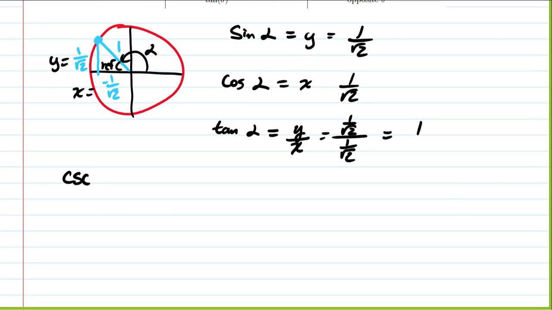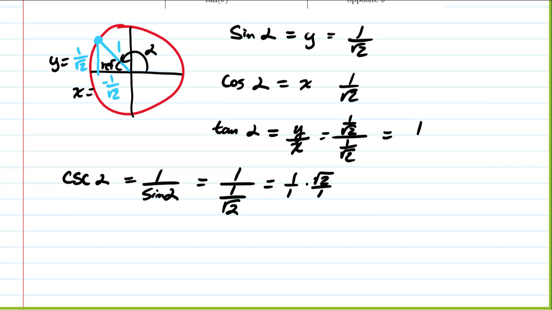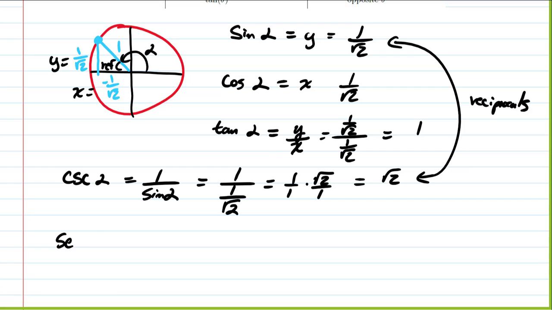Well, cosecant of alpha is the same as 1 over sine alpha. So that's 1 over the square root of 2. Or if we multiply by the reciprocal of the denominator, we get the square root of 2. So it's worth noting that these are reciprocals. We're going to get the same thing with secant. Secant alpha is the reciprocal of cosine.